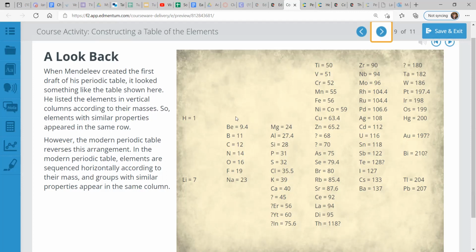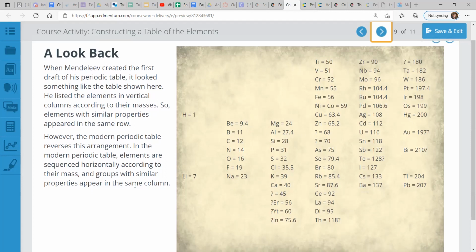So vertically assigned by masses, same properties in rows. However, the modern periodic table reversed this. In the modern periodic table, elements are sequenced horizontally according to their mass, and groups with similar properties appear in the same columns.